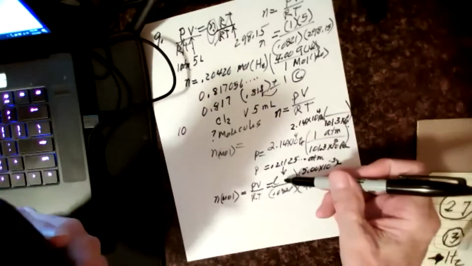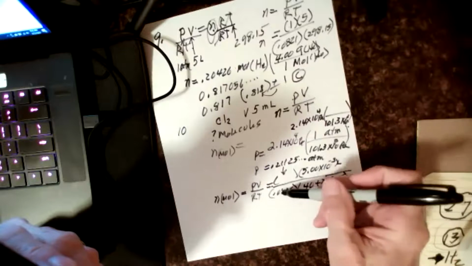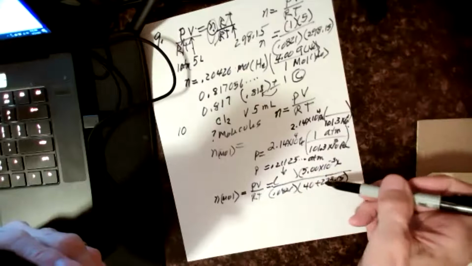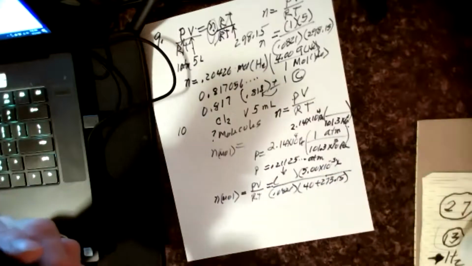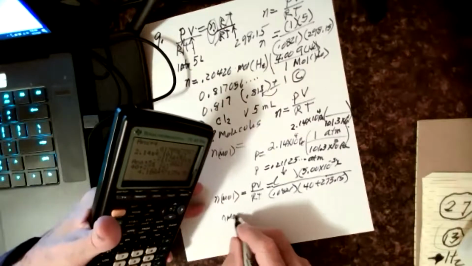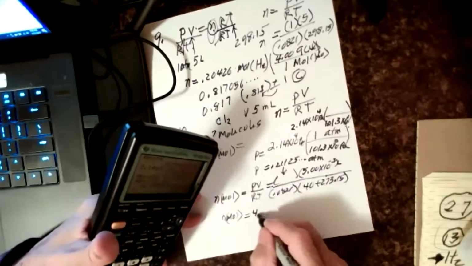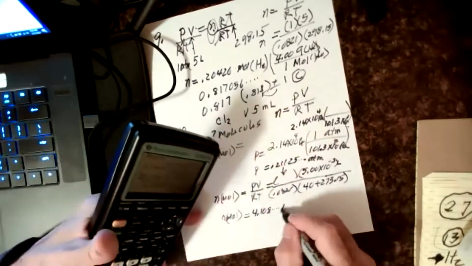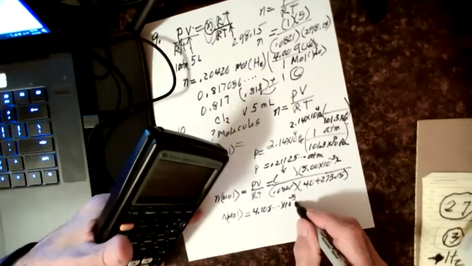That's what it says on my screen. So my answer for the number of moles is equal to 4.108 and some more digits times 10 to the minus 5 moles.